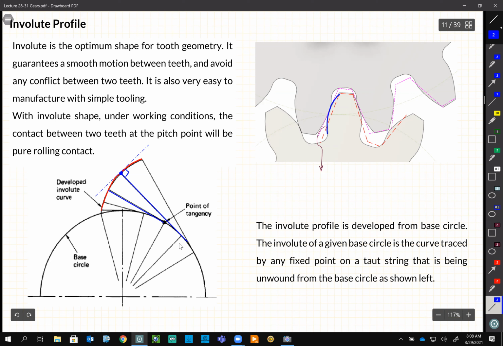The same characteristics. So at the point of contact, normal to the red curve and tangent to the circle, then it provides the smooth motion that we want. And mathematically, this is what they proved, and they call it an involute curve.